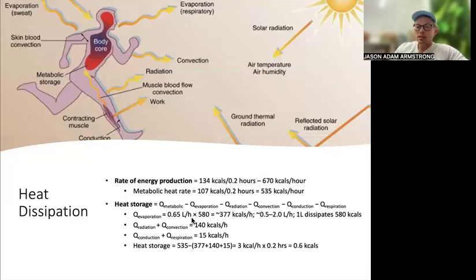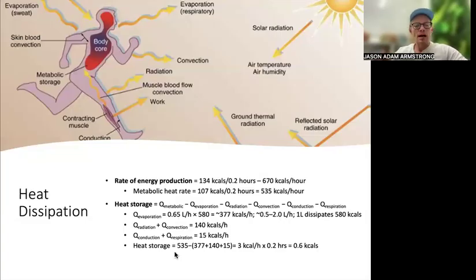For every liter of water that I evaporate, I lose 580 calories. 580 calories of heat is lost. So if I evaporated 0.65, I'm going to lose 377 kcals per hour if my sweat rate is 0.65 liters per hour. And that's just a range there.